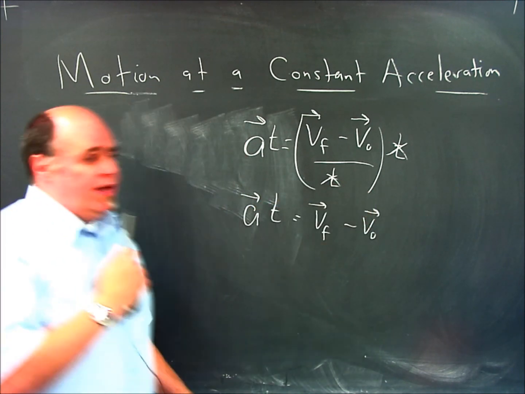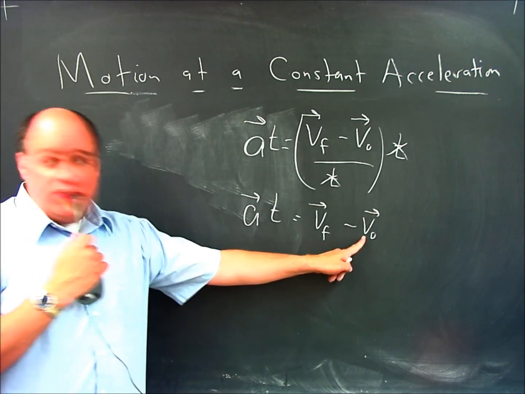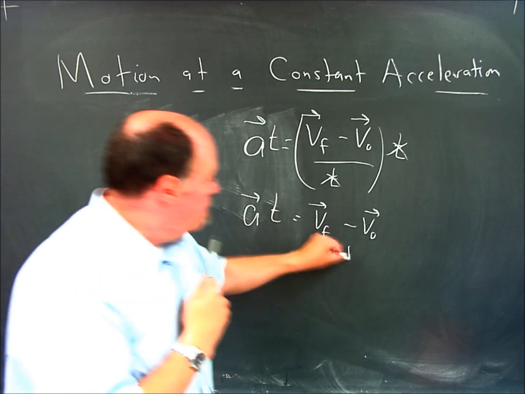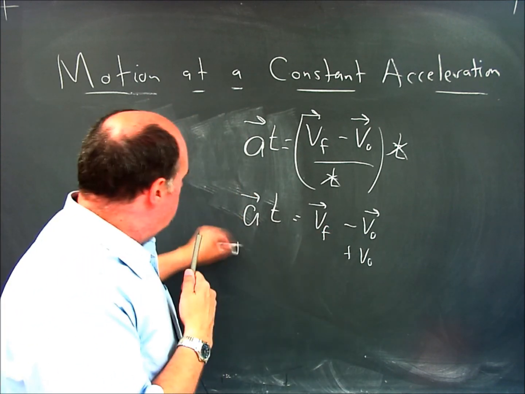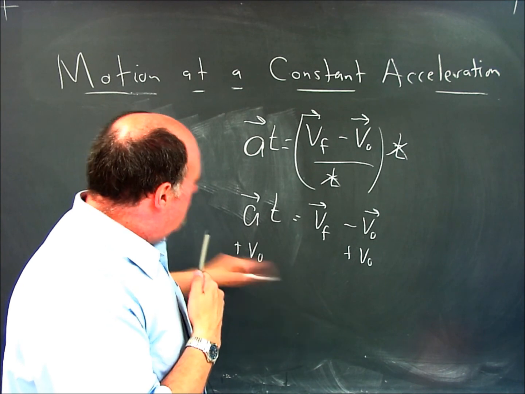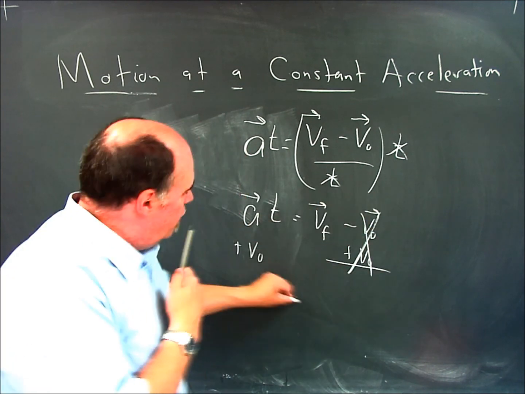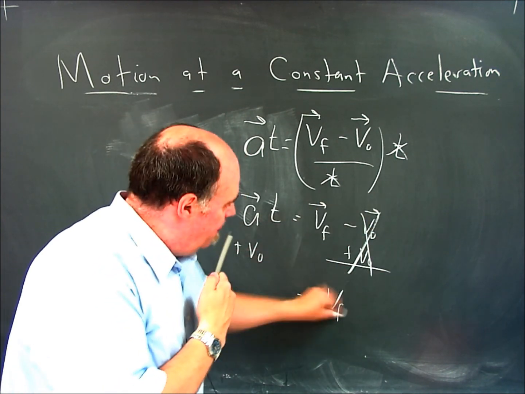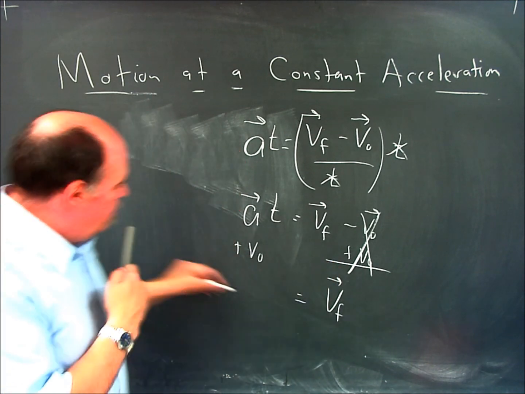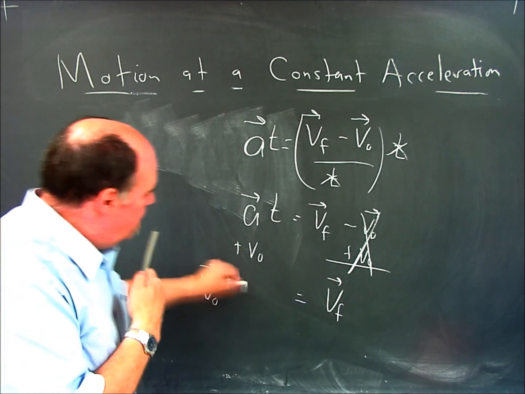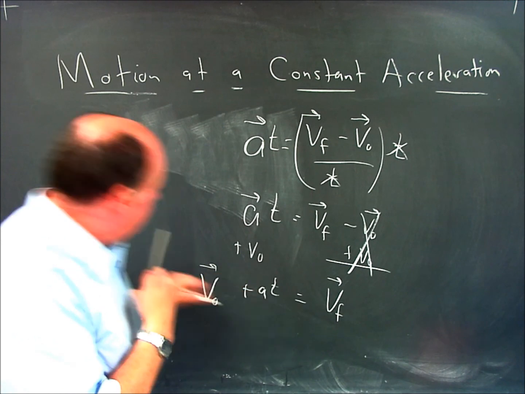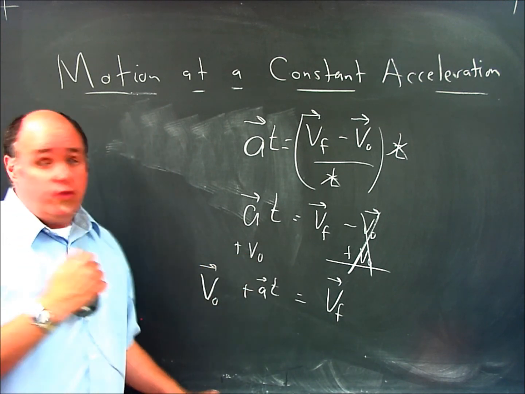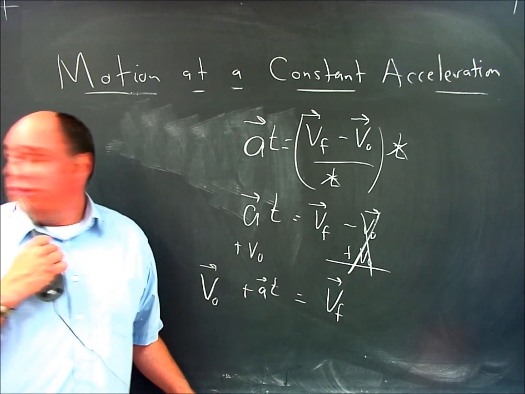If I end up adding v initial to both sides, I will get this. On this side it cancels out, so the only thing I have on this side is v final. And what I have on this side would be v initial plus a times t. And that's how we end up getting the first formula of our 4 formulas of constant acceleration.